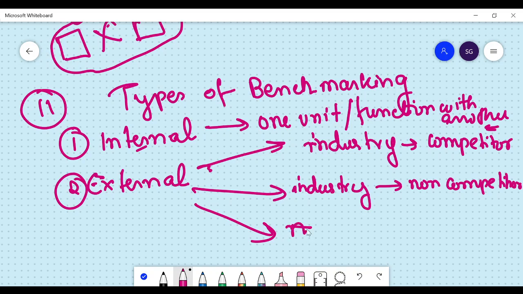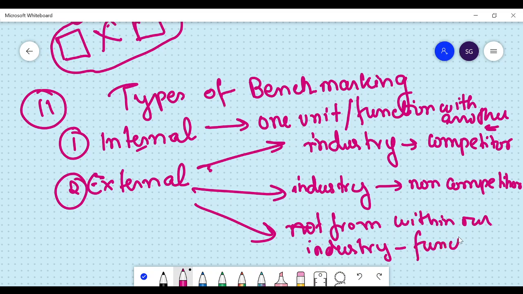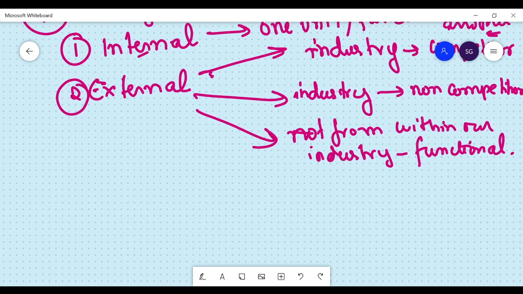Third is not from within our industry. We are selecting on the basis of who is performing that function the best, even though he does not belong from our industry. So that way we will be able to take good inputs from all places. So these are the types of benchmarking that have been included in the chapter.